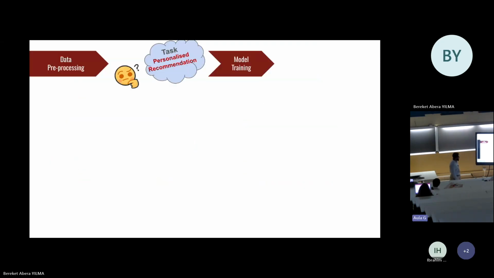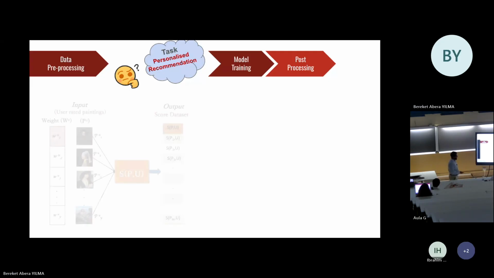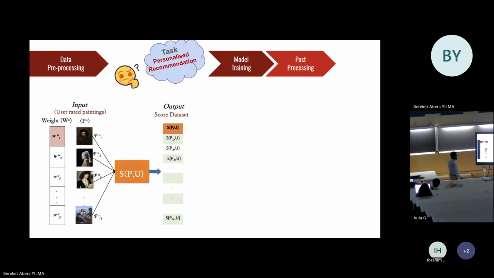Okay, let's come back to this pipeline. So now we trained the model, right? We did all those fancy machine learning stuff, and we built a model. And now it's recommendation time. Now you want to give this to the user, right? The user likes a certain painting.